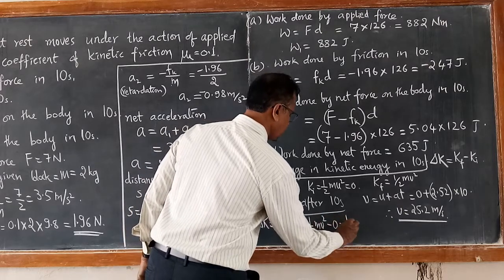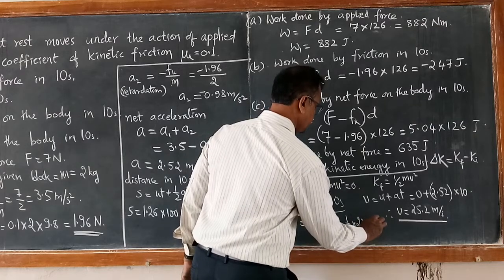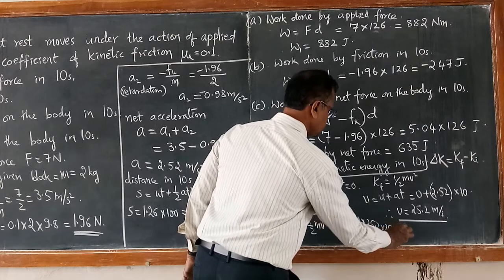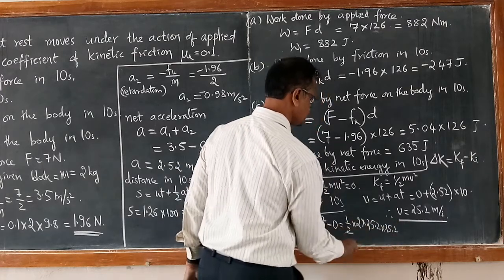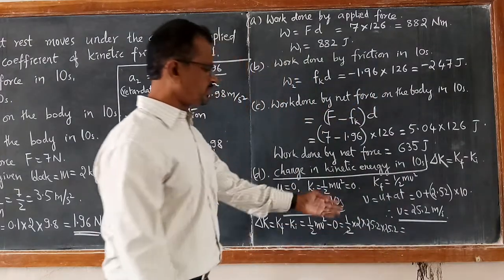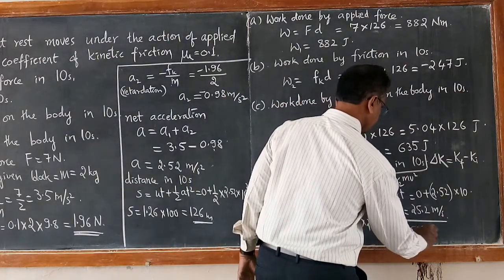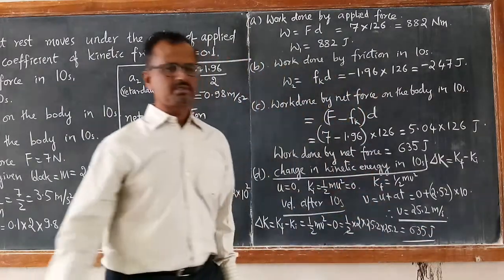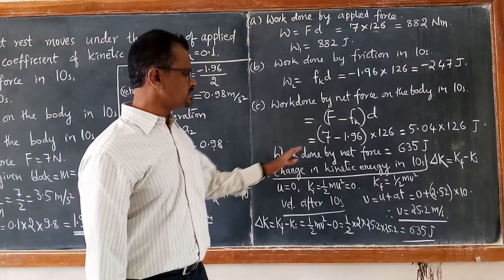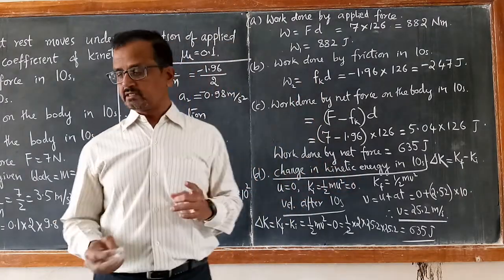So just substitute half into mass 2 kg into v square, 25.2 into 25.2. If you work it out, this also comes out to be almost 635 joules. From this we can see that the change in kinetic energy is equal to work done by net force. That's how we can verify the work energy theorem.